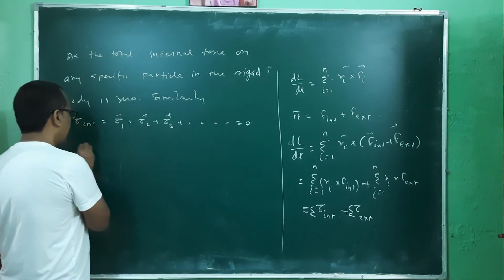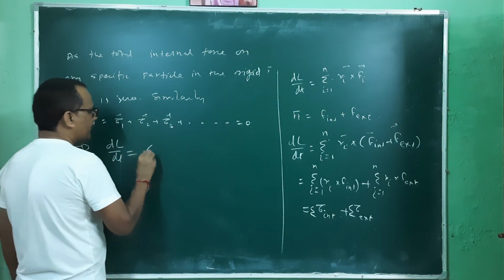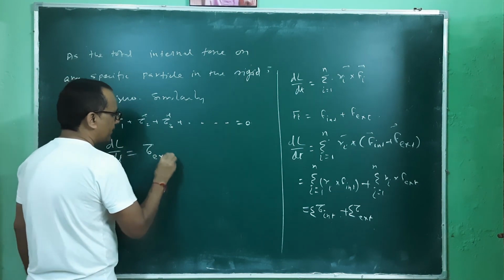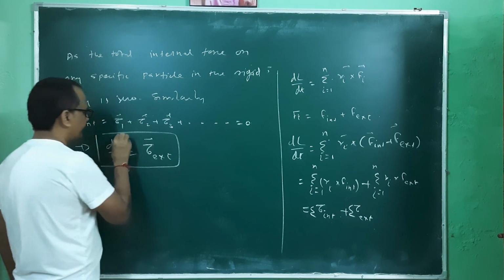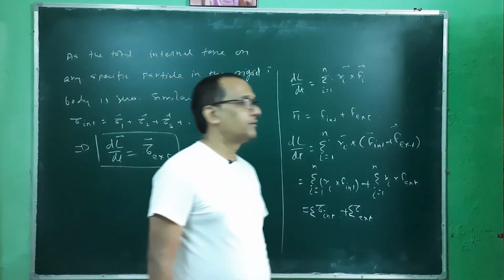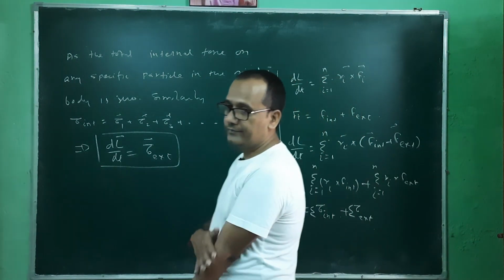So this implies dL by dt is actually because of the external force, and this is equal to the external torque.